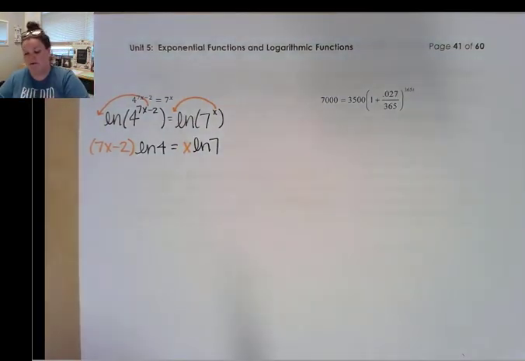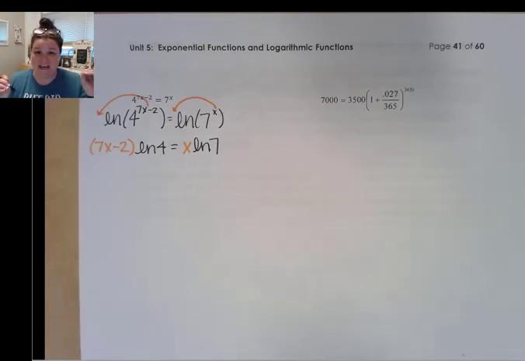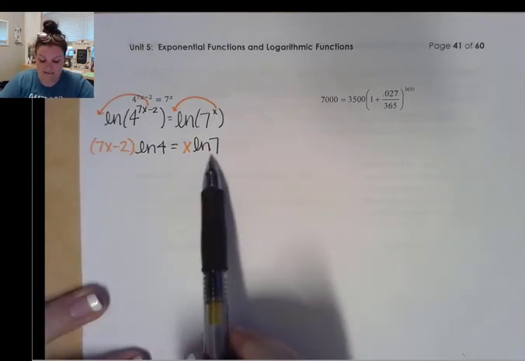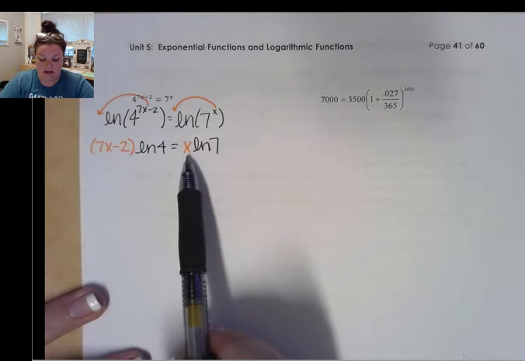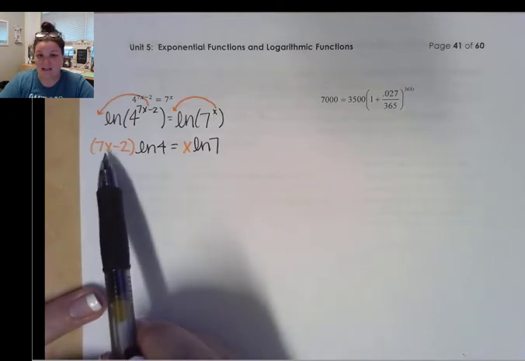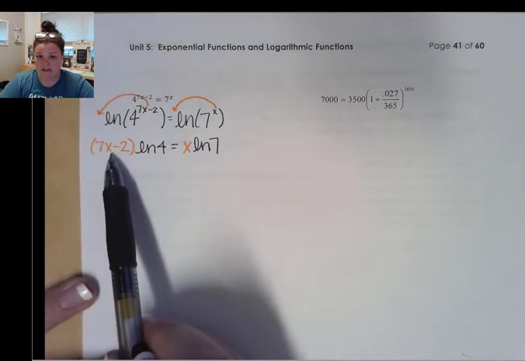Okay, so now that I have those powers brought down, this is just a solving game, okay? A solving game where I'm trying to get x by itself. So right now, I see that there's an x in this term, and I also see that there's an x stuck in this quantity. So I need to get this x out of this quantity first.